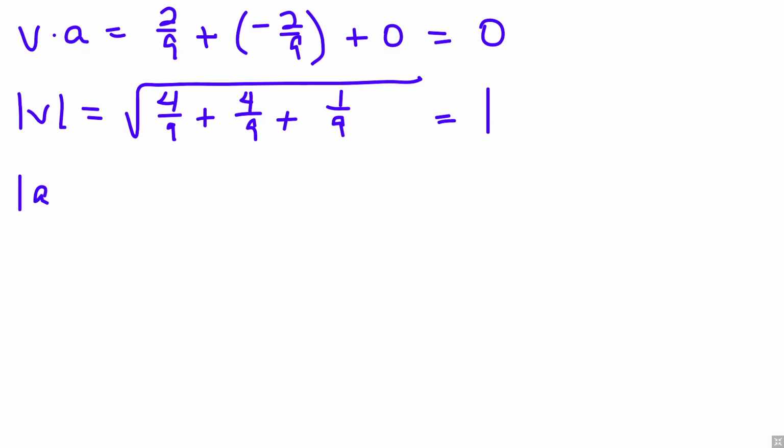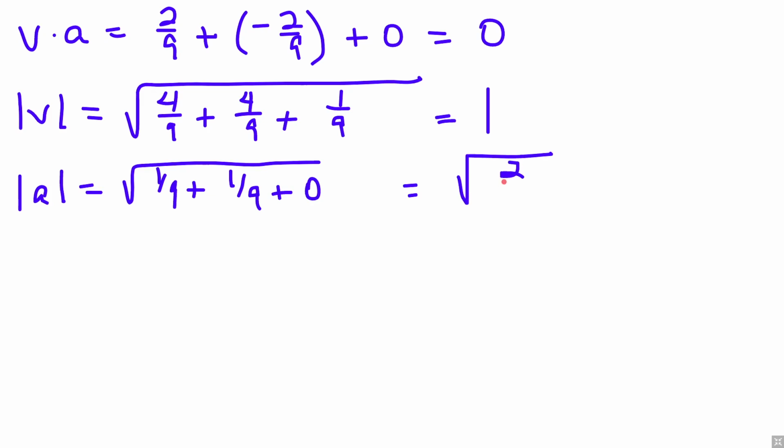And then for the magnitude of the acceleration vector, we're going to have the square root of 1/3 squared, which is 1/9, plus 1/3 squared again, which is 1/9, and then plus 0. So we're going to end up with the square root of 2/9.